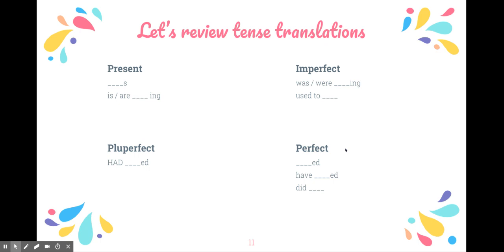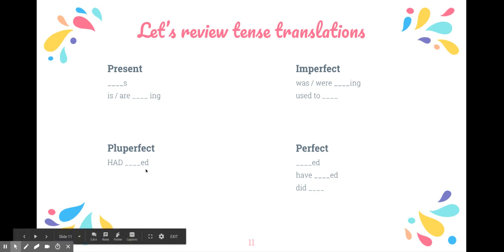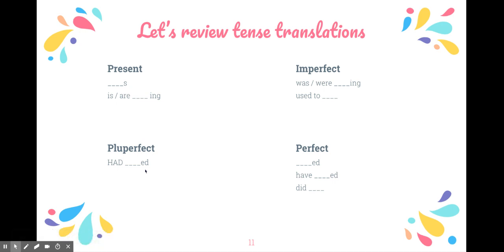The pluperfect tense is the one that has had with it. If you notice, out of all the tense translations that are here, pluperfect is the only one that's allowed to use had. The perfect tense can use have, or it can just be a simple past: walked, have walked, or did walk.